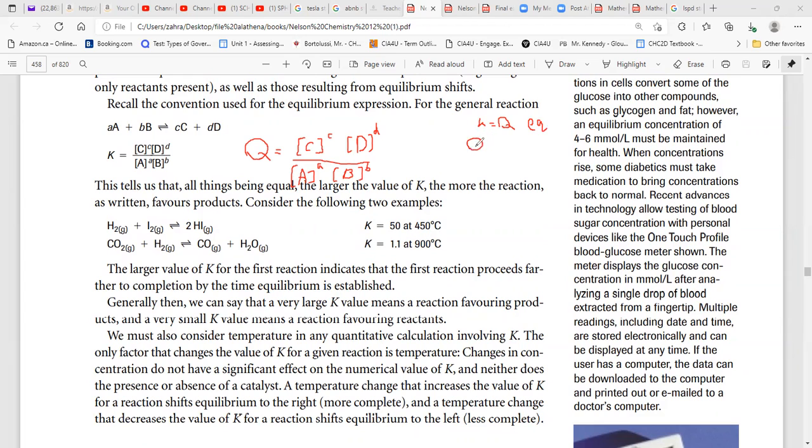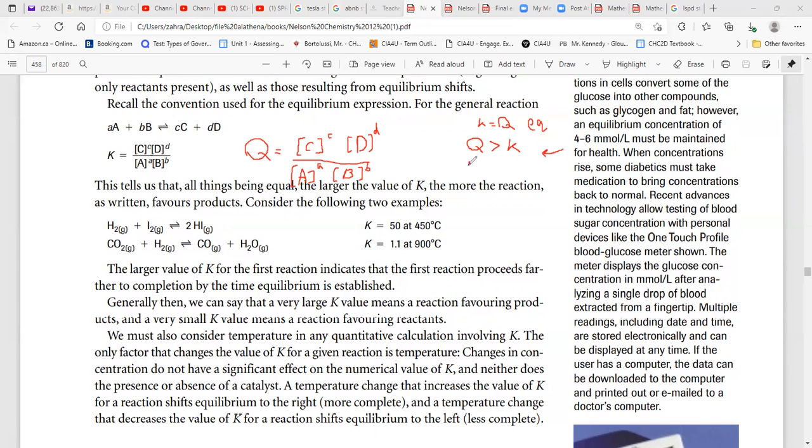But when Q is greater than K, what does that mean? It means your numerator is much bigger than it should be, so your product is much more than at the equilibrium state. To reach equilibrium, the reverse reaction needs to happen, to decrease the concentration of C and D, so it goes in the reverse direction.